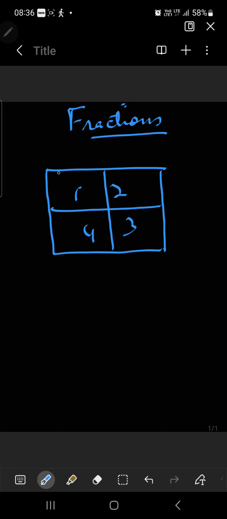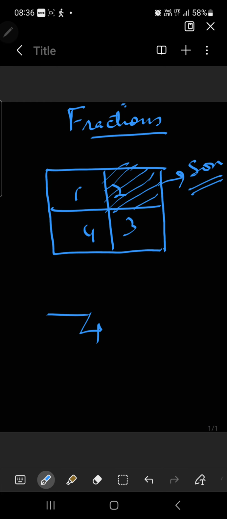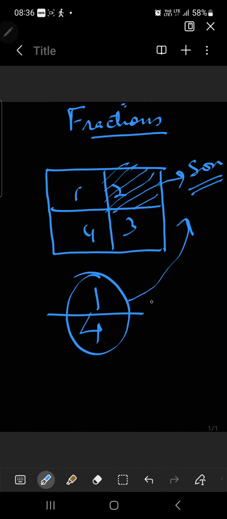So when we divide this piece of land into 4 equal parts, and if a portion is given to one of his sons, then the fraction of this land which is given to this son would be, he had 4 equal parts of the land from which he had given one part. So how much did this son get? This son will get 1 by 4 part of the land. So the fraction of land which this person has got is 1 by 4.